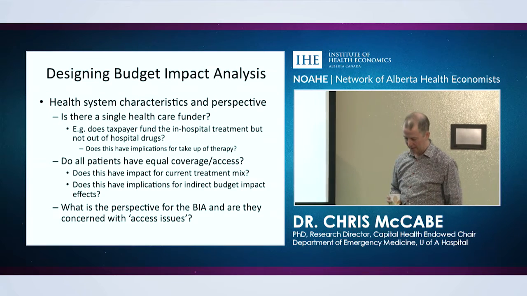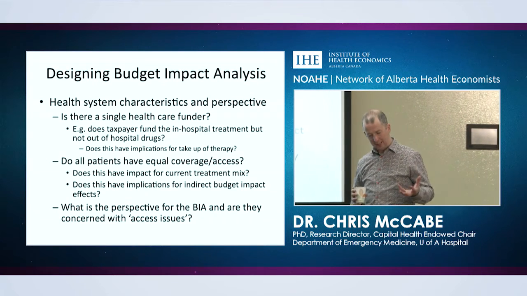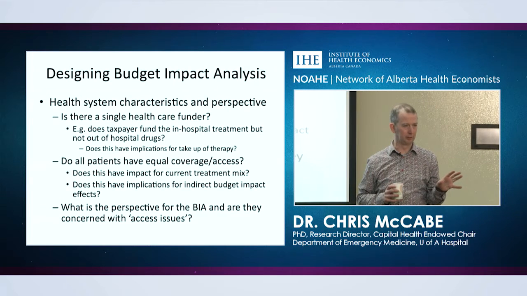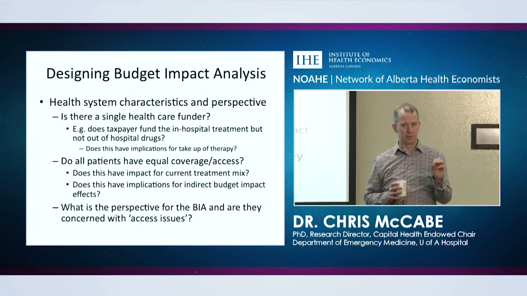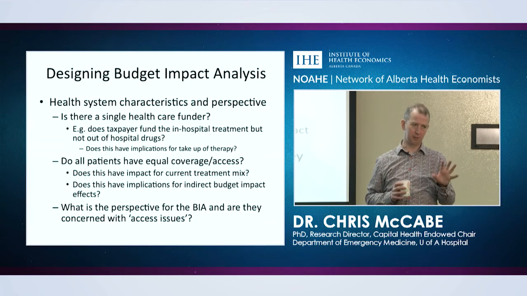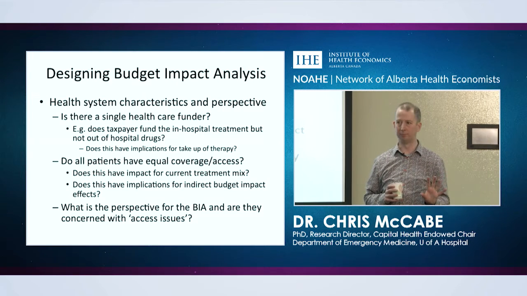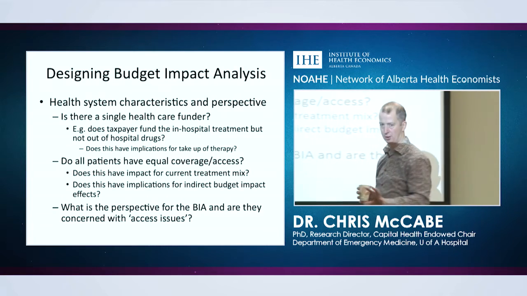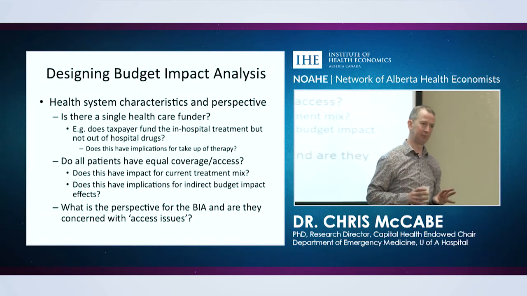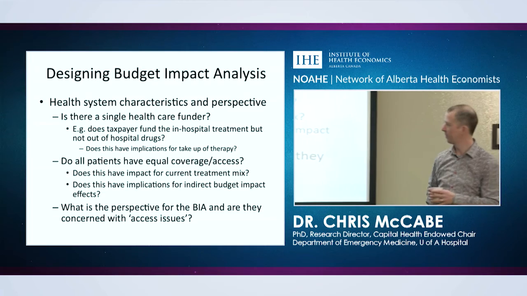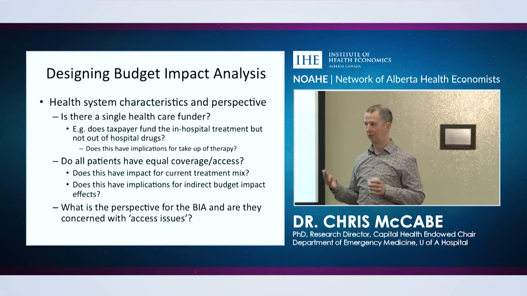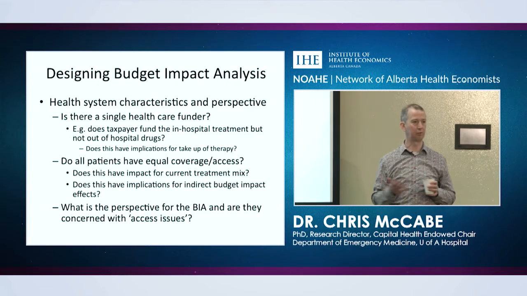So, conventionally, again, in cost-effectiveness analysis, we assume we have a single decision maker who's got a single budget. But in budget impact, it starts to become very important to understand that's not true. Yes, Alberta Health will cover the drugs inpatient and certain other categories, but lots of us also have some version of private insurance to cover our drug costs.